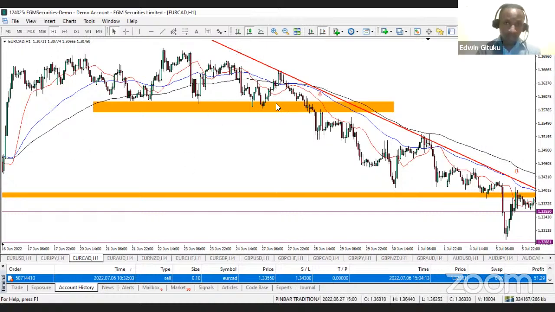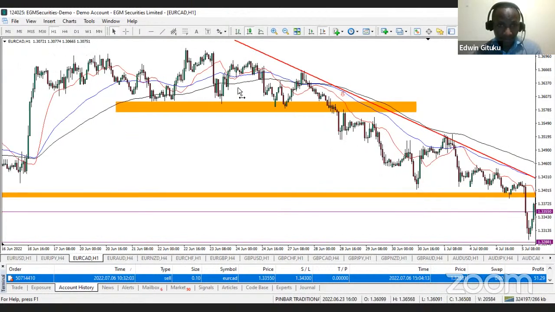In some cases, you will notice that you'd have both static support along a horizontal zone and a trend line, or in a case where you've added moving averages, that would enable you to know whether price is trending to the downside or to the upside. So this is EURCHF.